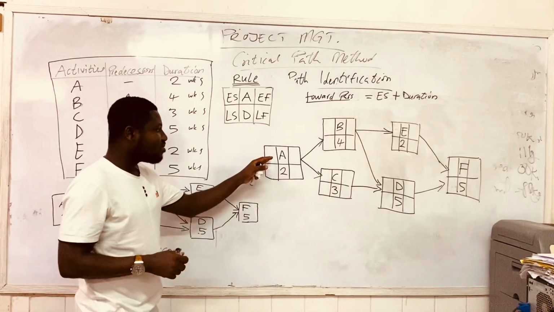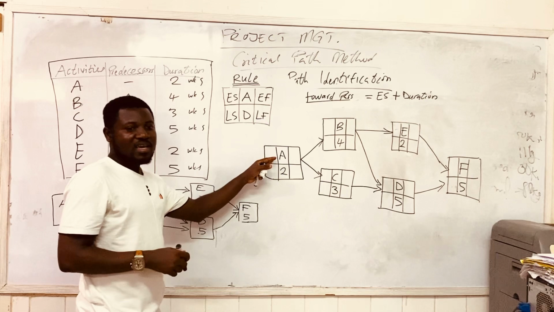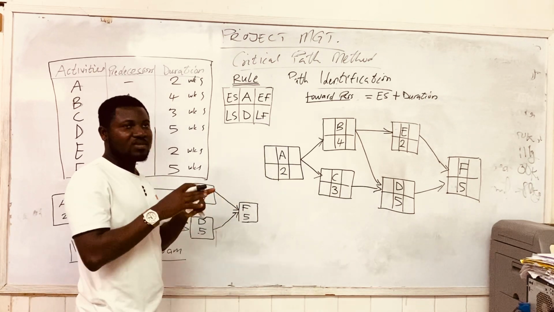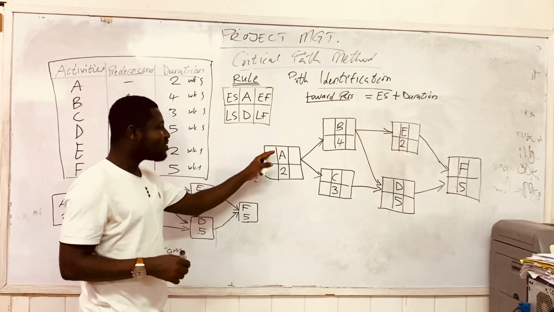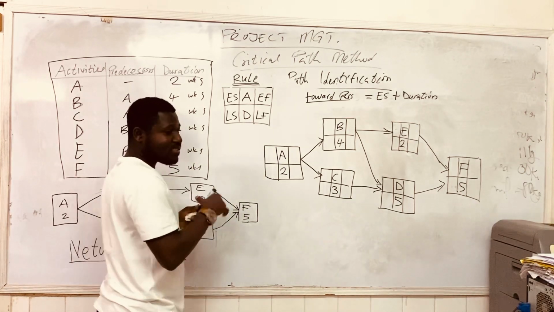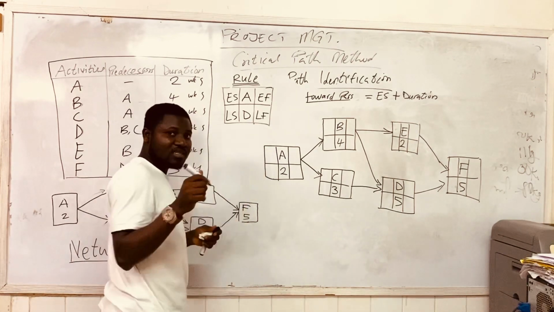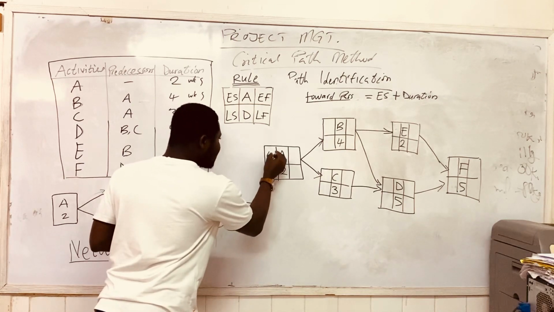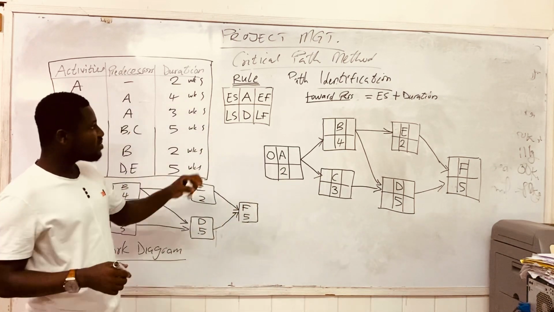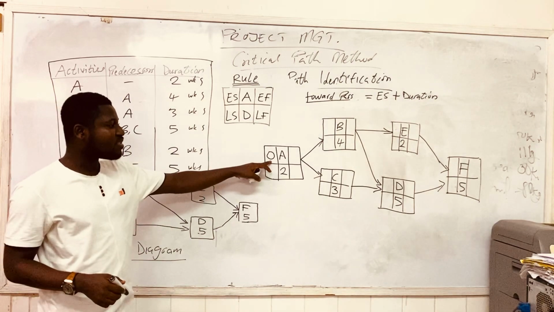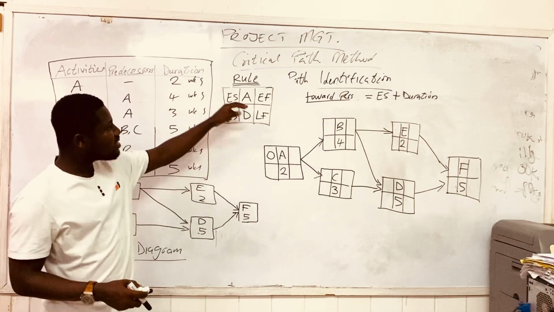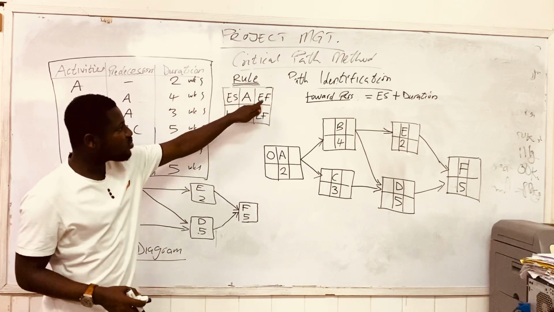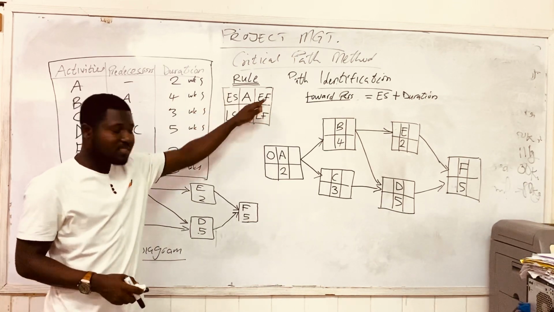Therefore, activity A is the start activity for the entire project, and so the starting activity would always have 0 ES, the earliest start time would always be 0. And our forward pass is ES plus duration.